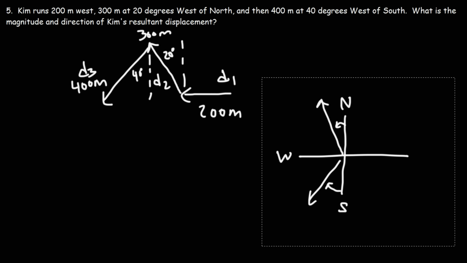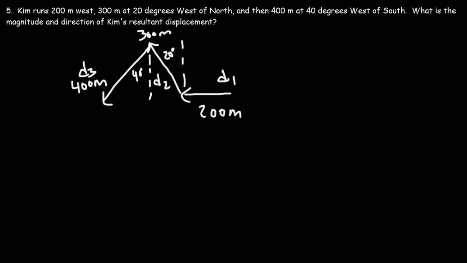And let's break it up into components. So d1 has an x component of 200, but because it's west, it's negative 200. It has no y component, so it's 0j. Now, D2 has an x and a y component. So I'm going to redraw D2.